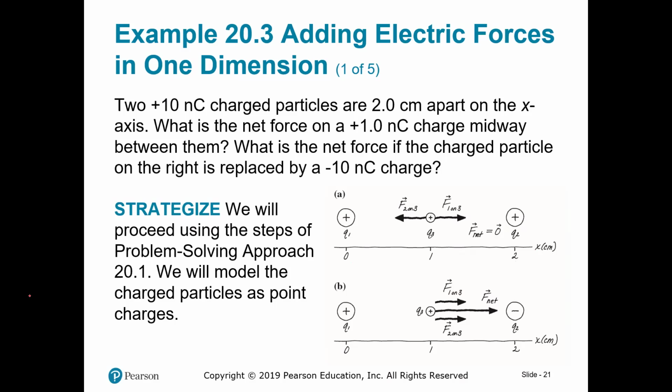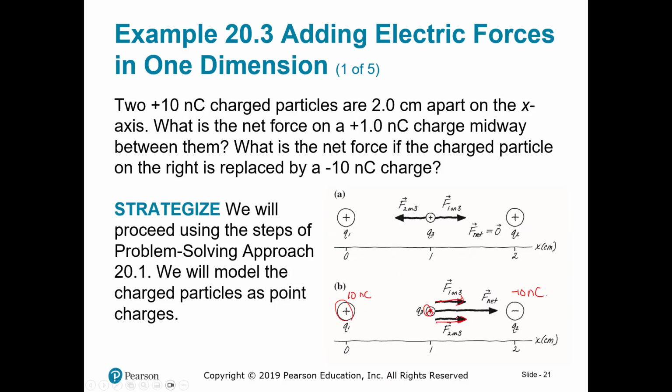In the second case, what is the net force if the charged particle on the right is replaced by minus 10 nanocoulomb? So now you again have a 10 nanocoulomb, and you now have a minus 10 nanocoulomb. And again, this is, I believe, 1 nanocoulomb. But the thing is now, your force due to this proton is to the right, and your force due to this electron is also to the right.